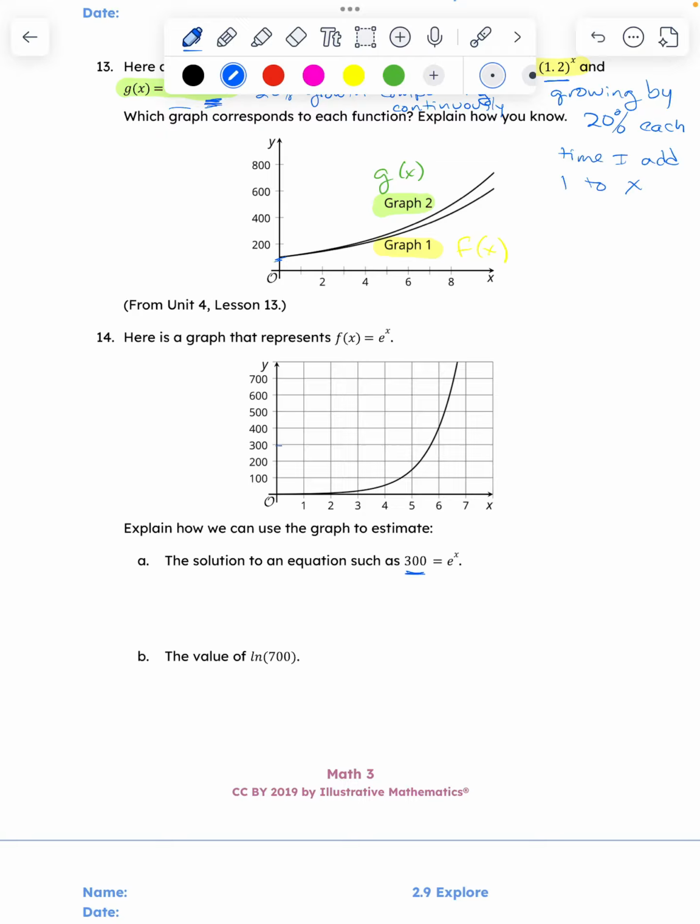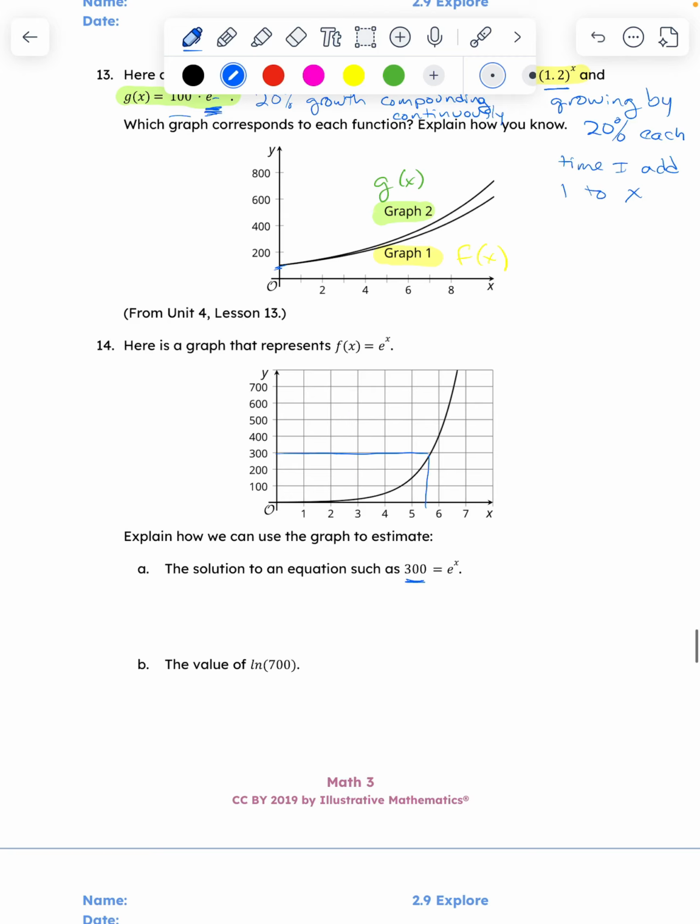So I can see what my x value would be at about 300. We can see what the x value is when y is 300 on this function. Looks like it's going to be like 5.6 maybe, 5.7.